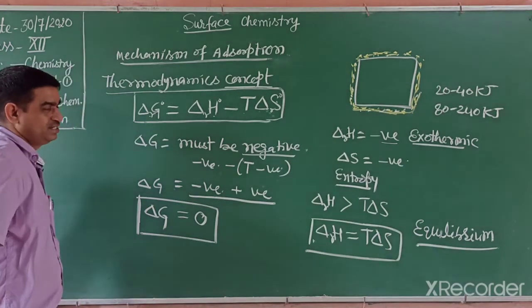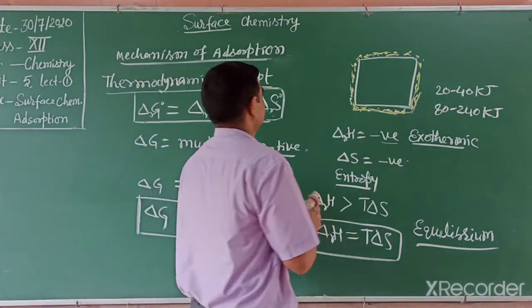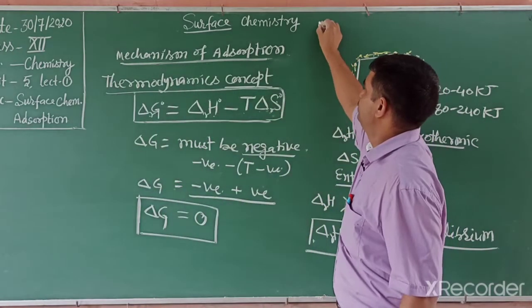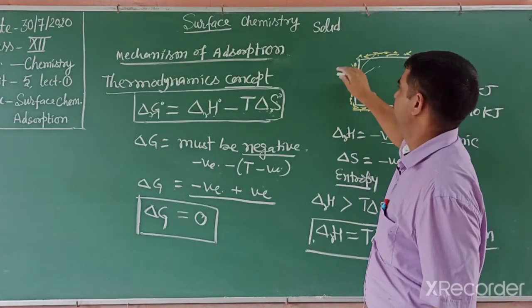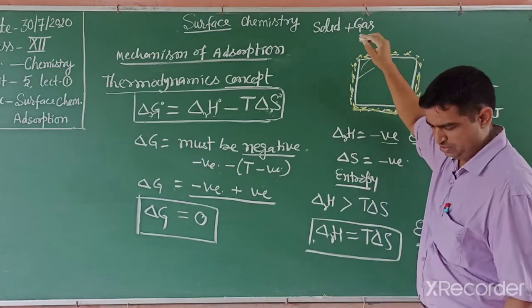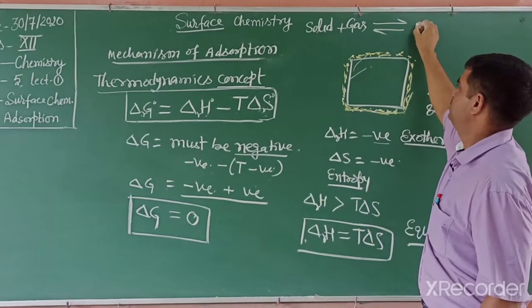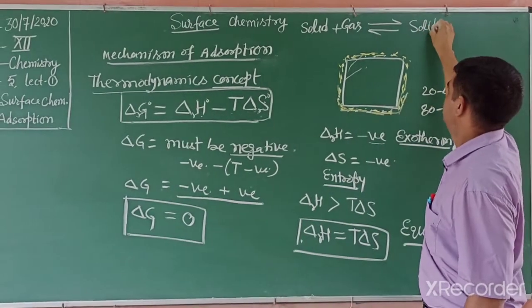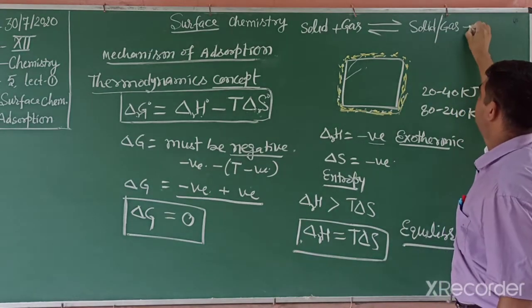Students, we study another factor, that is the equilibrium factor. Here is a solid surface. On this solid surface, a gas is adsorbed. Then it forms an equilibrium: the solid adsorbs the gas and heat is released.